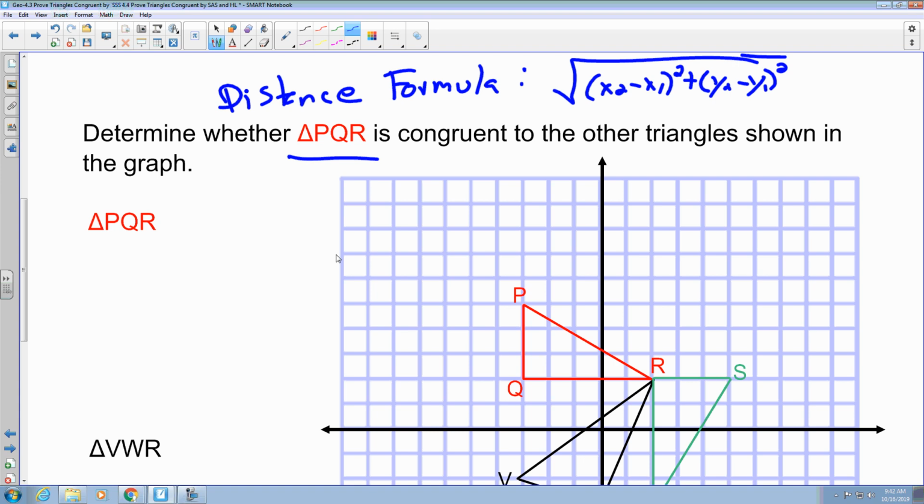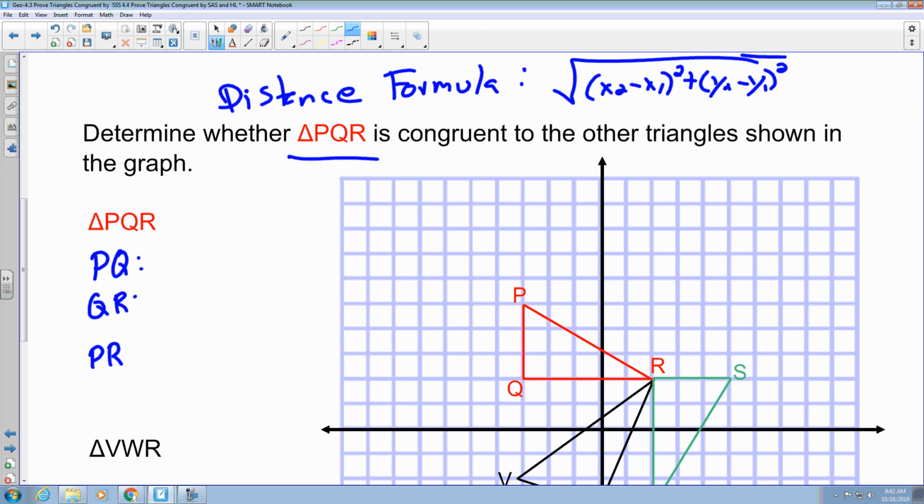So we have to first figure out what the measurements are for the sides of PQR, and then determine using the distance formula with the other triangles if the corresponding sides equal the corresponding sides of PQR. Now we have PQ, QR, and PR.